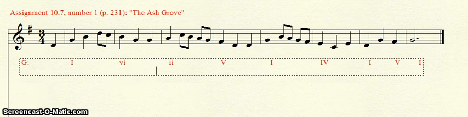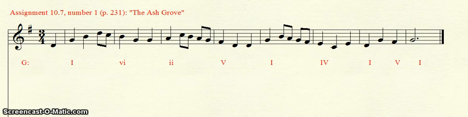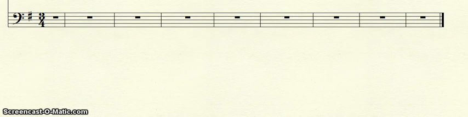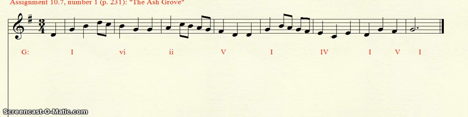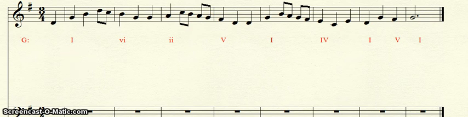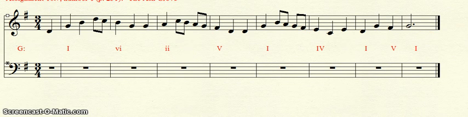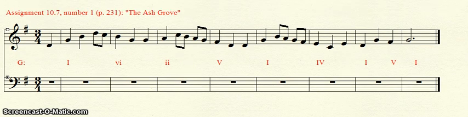The next thing that I need to do is I'm just going to write some block chords. Wigging out again. I'm going to bring in another staff here and write some simple block chords in another staff to give me those harmonies.